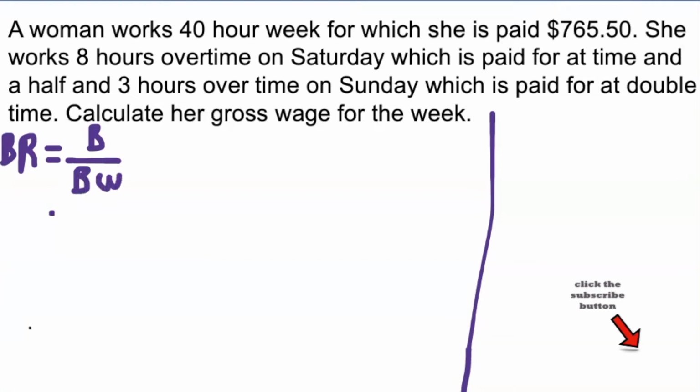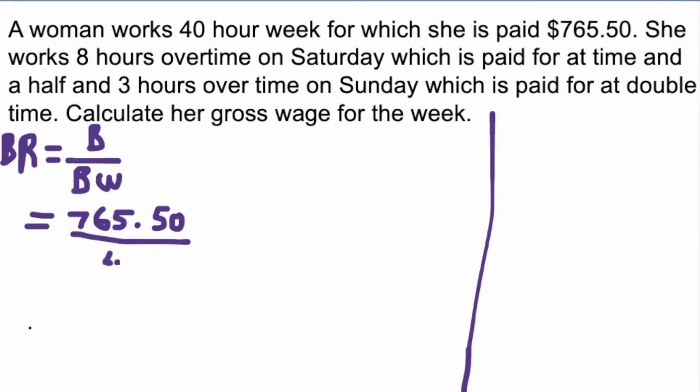Remember the magic triangle? So it is $765.50 divided by the 40 hours. That's the amount of hours this lady is working for the week.